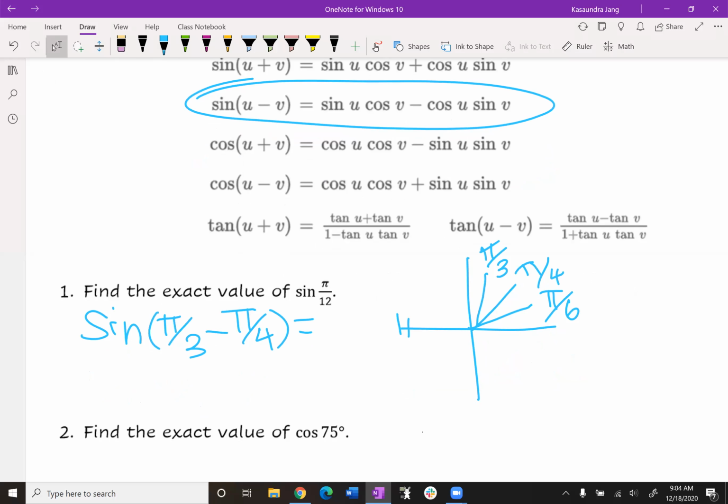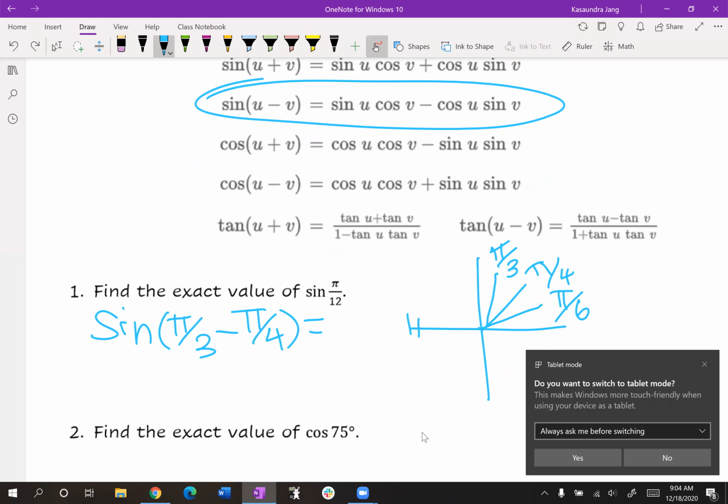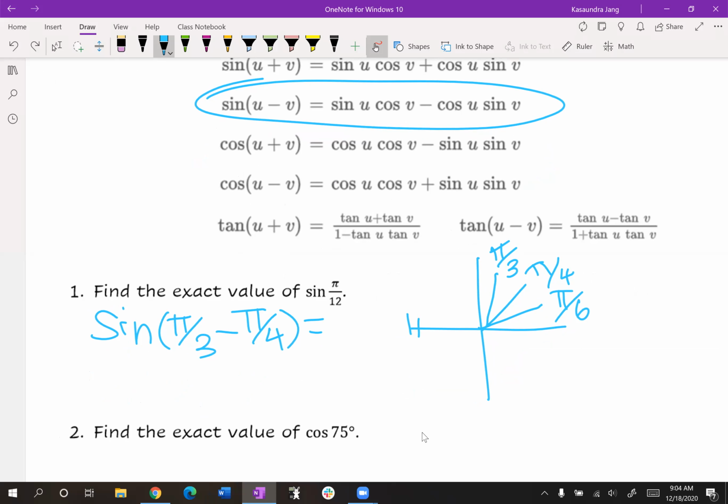sine of u. So sine of my u, which is pi 3rds, times cosine of my v, which is pi 4ths.